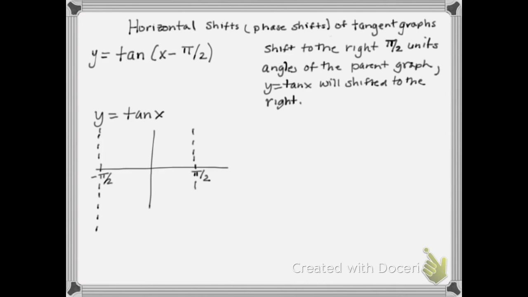So my tan values are undefined at negative pi over 2 and pi over 2, and these are asymptotes. So we have our 0, we have pi over 4, and this side is negative pi over 4. The tan of pi over 4 is 1, and the tan of negative pi over 4 is negative 1. So our graph did something like this.